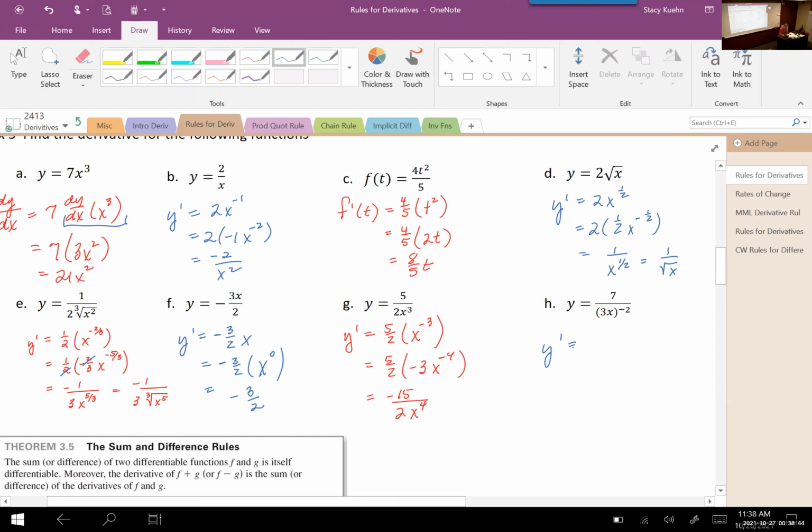It was x to the 1. So 1 minus 1 would be 0.